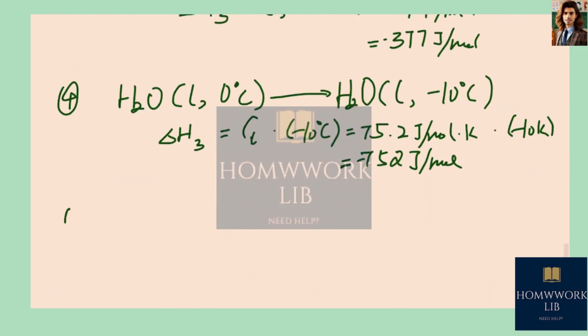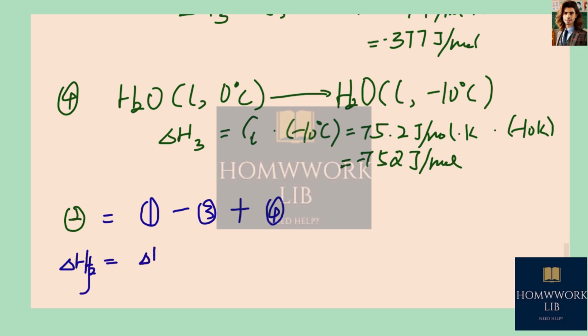So equation 2, which is what we want, equals equation 1 minus equation 3 plus equation 4. So delta H2, which is delta HF2, is simply equal to delta HF1 minus delta H3 plus delta H4.